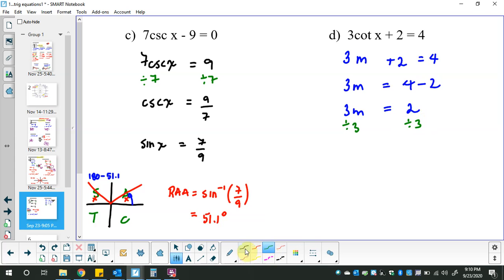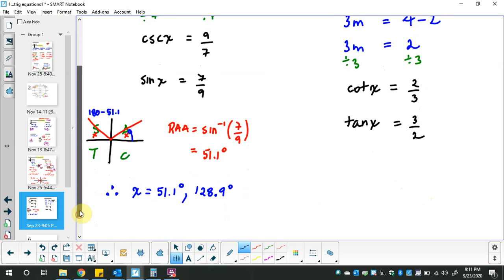So m equals 2 over 3. But that was actually cotangent x is equal to 2 over 3, which means tan x is equal to 3 over 2. So reciprocal of cotangent x, reciprocal of 2 over 3. Turn this upside down, turn that upside down.